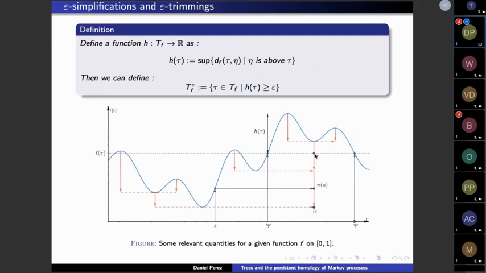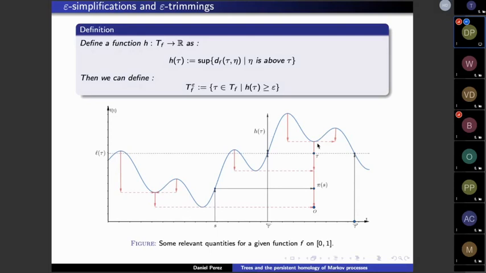Given some point in the tree, tau, we can assign a function h tau, which looks at the following. You take this point tau, and you look at all the points which are above tau, and in particular, you look at the length of the longest branch above tau, and this gives you some function which is called h tau.